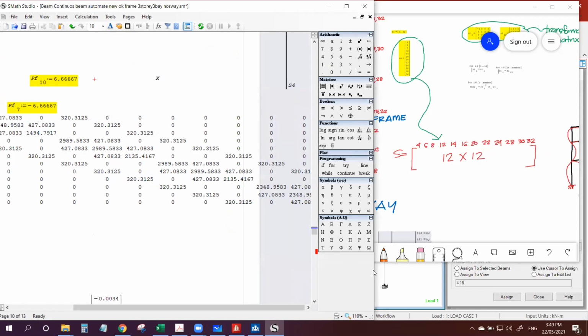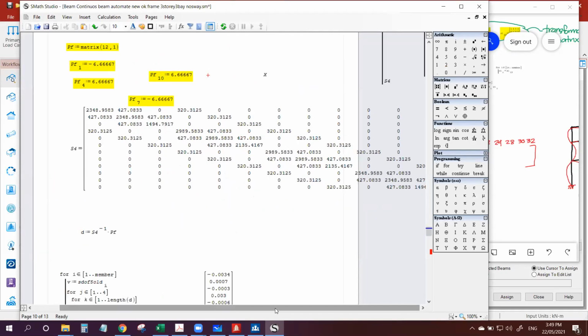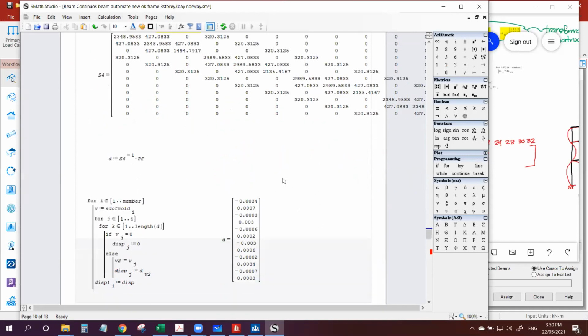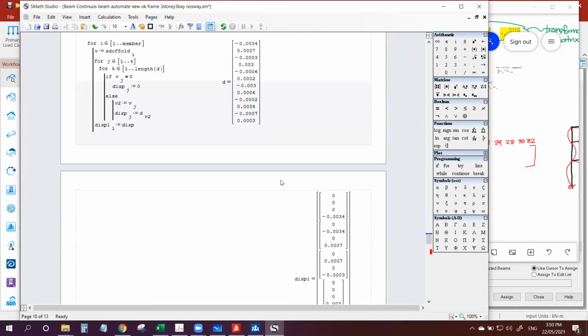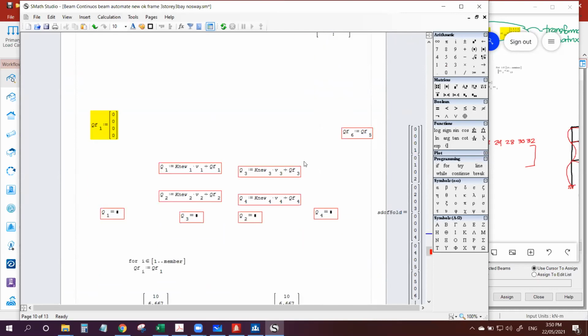Now, again, to those who already have numerical methods, one way to solve a banded matrix, we call this a tri-diagonal matrix, is to use the Thomas algorithm, wherein you will not be using the zeros, so that saves up memory in your computer. And using this formula, we can now get D, and all the unknown displacements are of course rotations, because we only have rotation degrees of freedom.